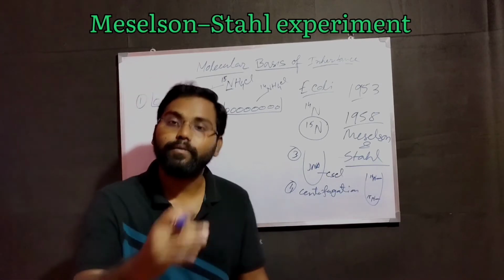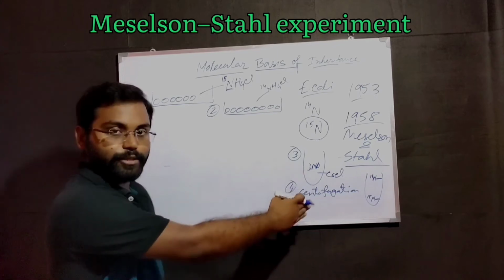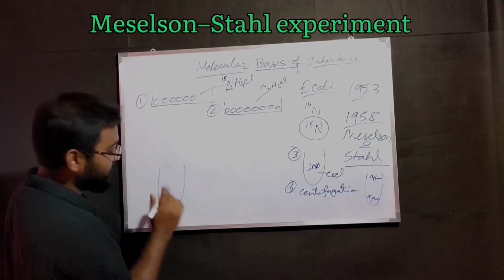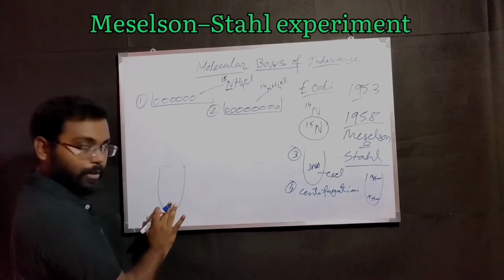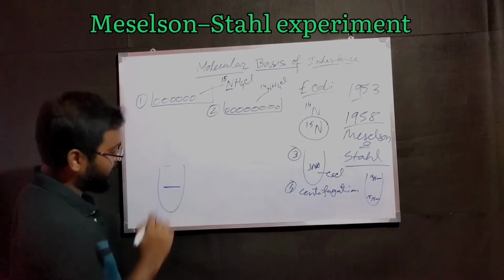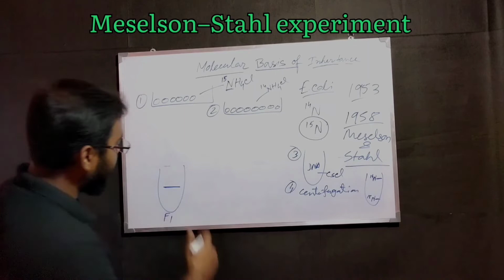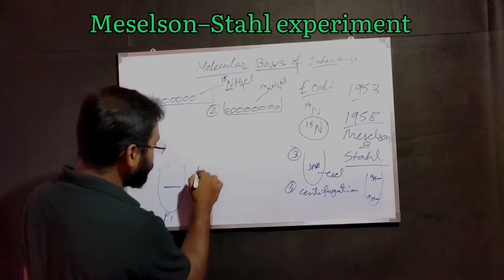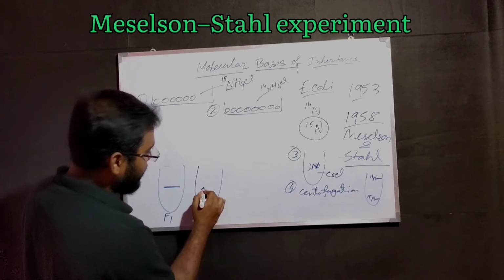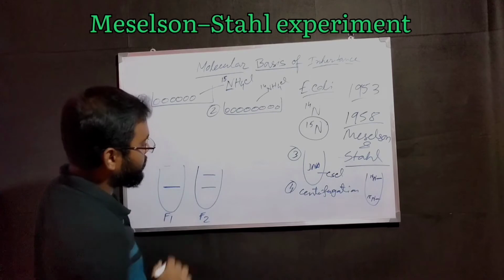Now it is the time to observe their result. After the first generation, when they centrifuged their solution, they found that the band is neither on the top nor in the bottom. They found the band in this intermediate part. This is the F1 generation, and in the F2 generation they found a band on this intermediate part and in this upper part.